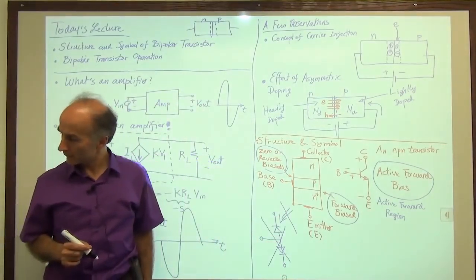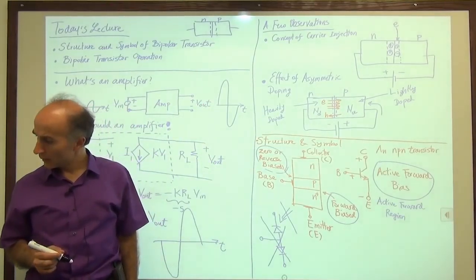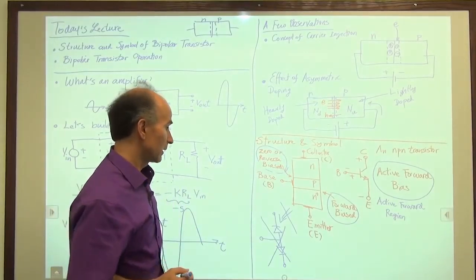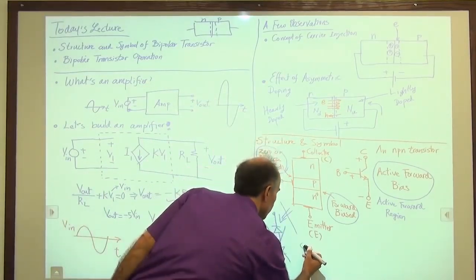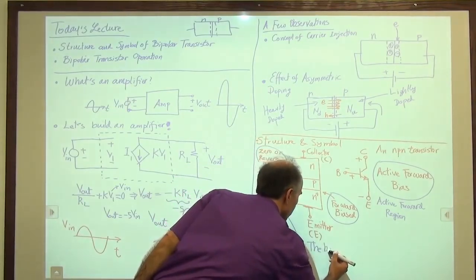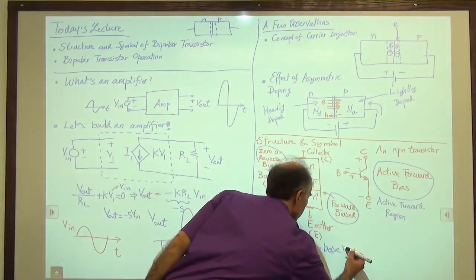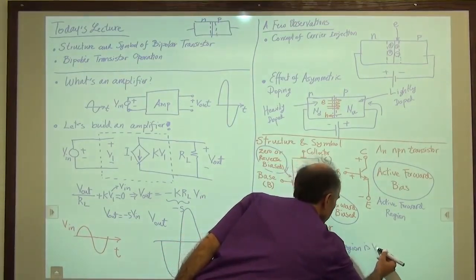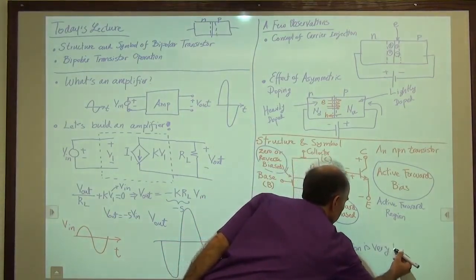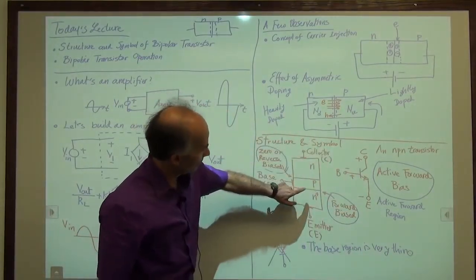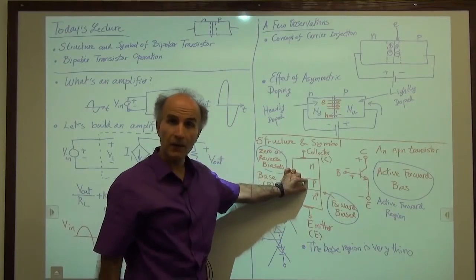All right. So one last point before we go on. The last point that I wanted to raise here is the following. The base region is very thin. By base region, we mean from here to here. This is very thin.